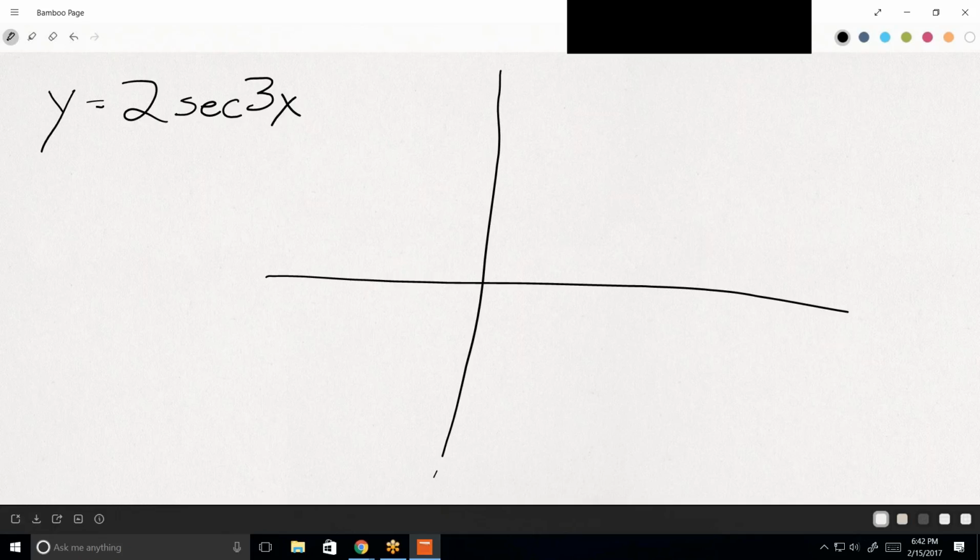What's the period going to be of secant? Pi/3. The period of secant is 2 pi. So the period of this function is going to be 2 pi over b, and b is 3 in this case.